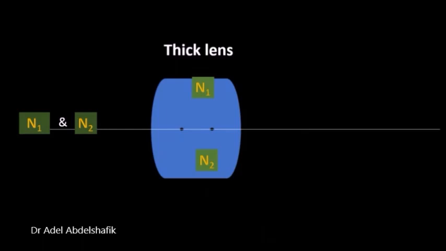Most optical systems have a pair of nodal points. The nodal points are usually on the optical axis. In case of a thick lens, we have N1 and N2.